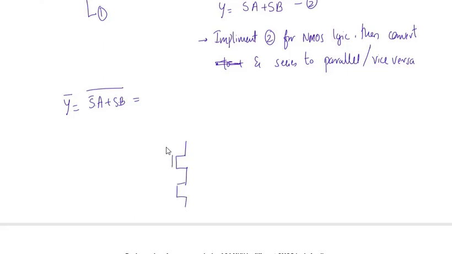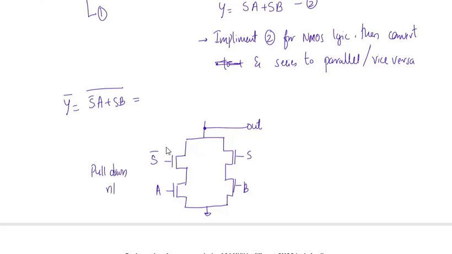So I can say S bar, A, and B, this is the ground, and from the middle I am going to take the output. This is my pull-down network. In the upper network, that is the pull-up network, I'm going to convert series to parallel and parallel to series. So S bar A are in series, so I'm going to convert them to parallel.